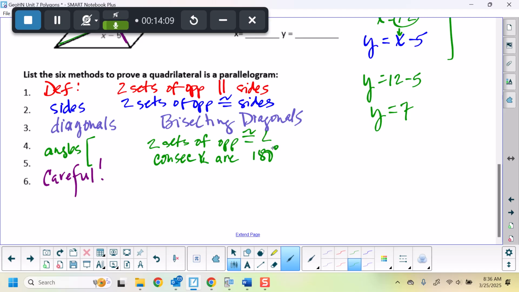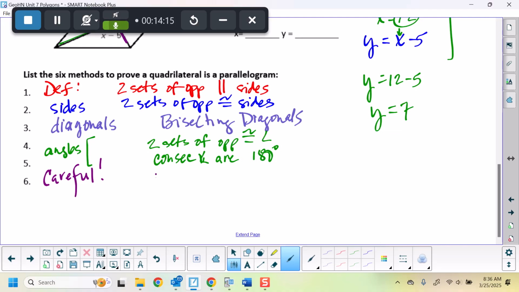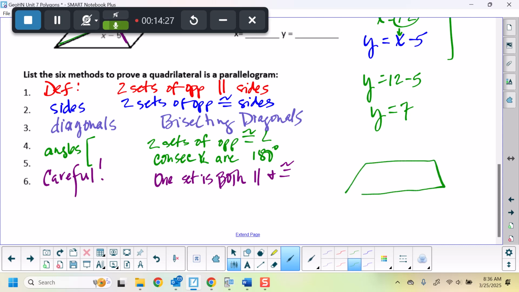This last one is the one where I have to make sure that I'm very, very careful, because I need one set to be both parallel and congruent. And I'm going to be super careful that I don't mix up a trapezoid, because a trapezoid has one set of sides congruent and the other set parallel. And that is not a parallelogram.